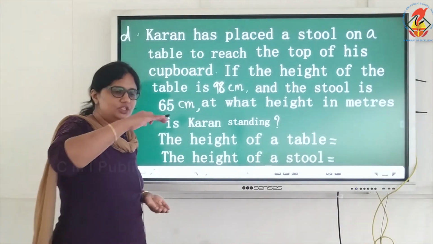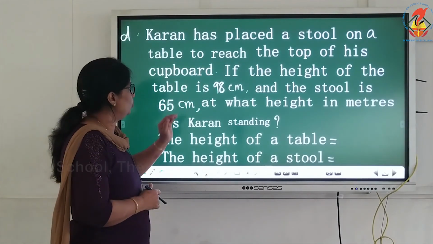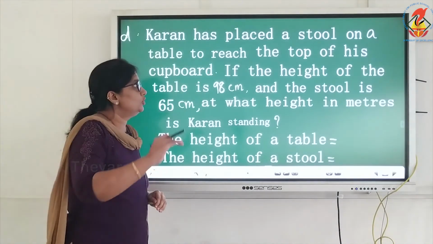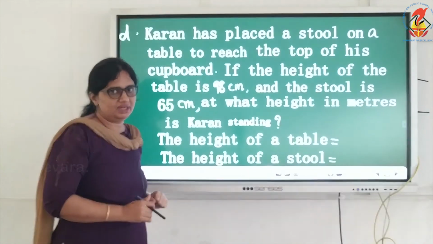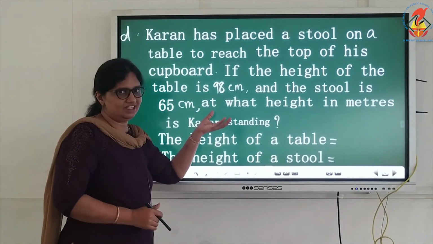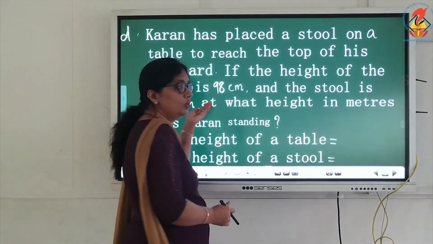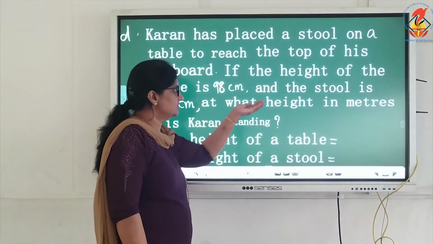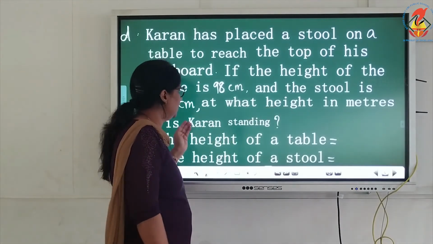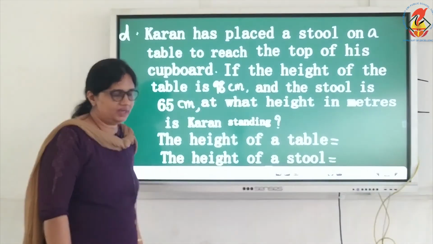We need to find the total height. The height of the table is given in the question, and the height of the stool is also given, and they are asking for the total height in meters Karan is standing. How can we find it, children?